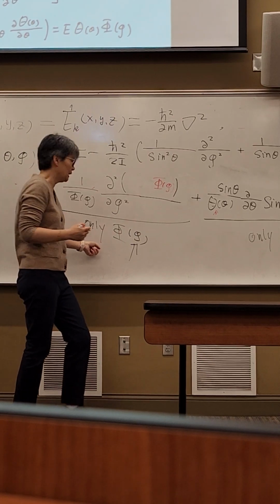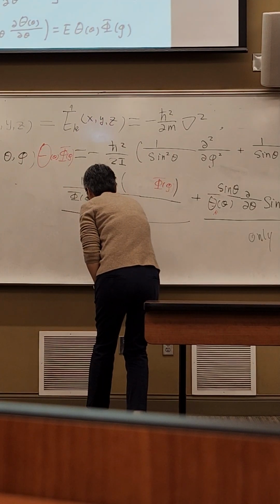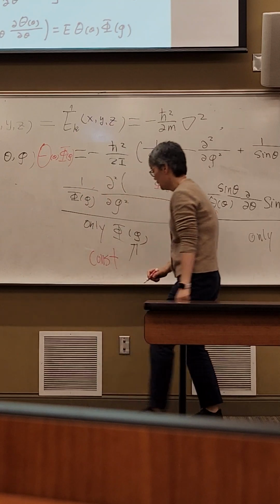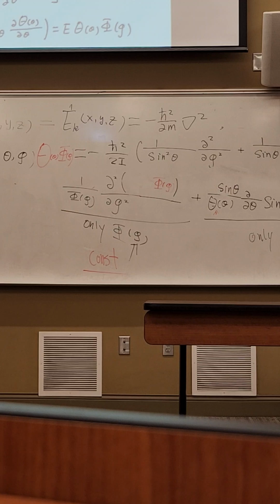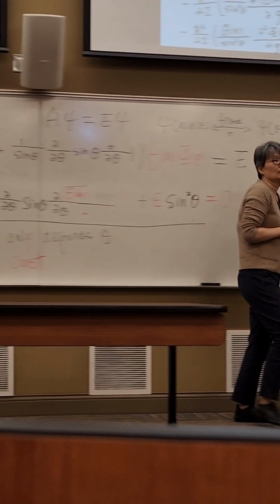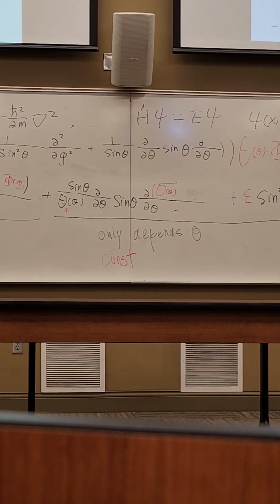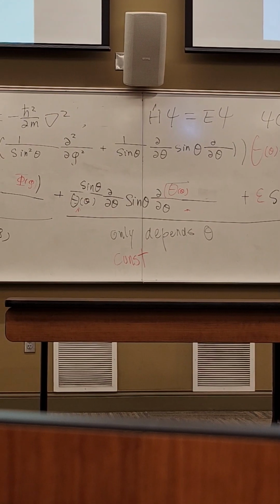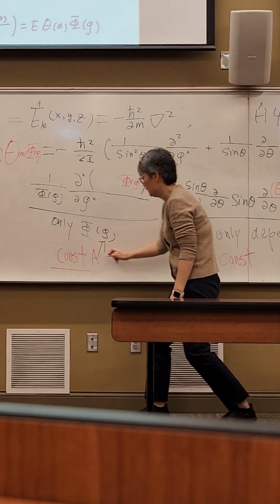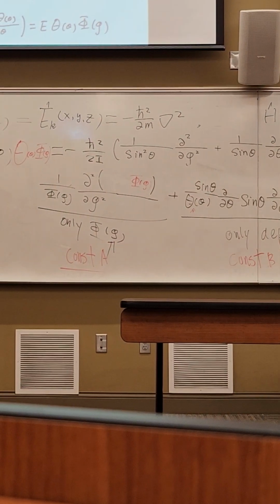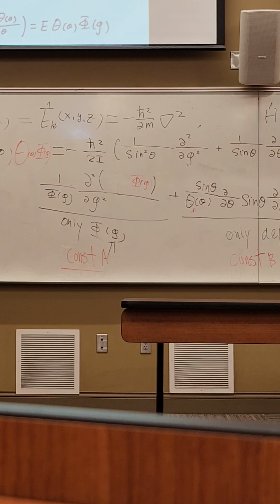This has to be equal to a particular constant. And this also has to be a constant. Furthermore, let's say this is equal to a constant A, and this is equal to a constant B. What other thing has to be true?